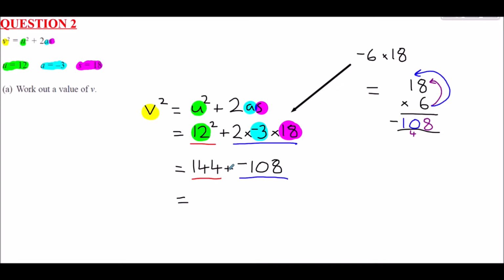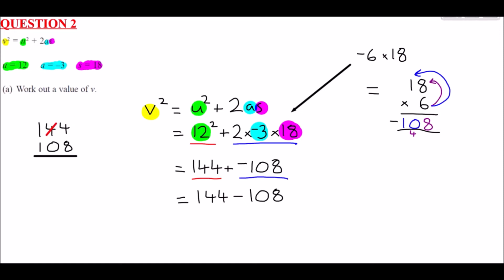So again here, we're adding a minus. Mixed signs make minus. So adding a minus is the same as just subtracting. So it's the same as 144 take 108. I'll show you how to do this if you're a bit rusty or lacking in confidence. It's all good. So we can't do 4 take away 8 because the number we're trying to take away from 4 is bigger than it. So what we're going to do, we borrow next door from this 4.